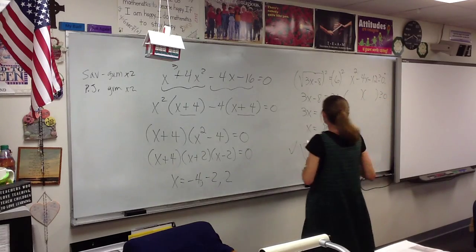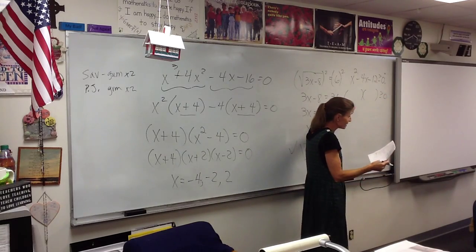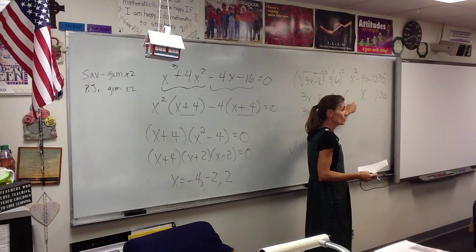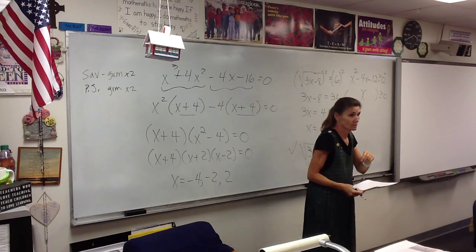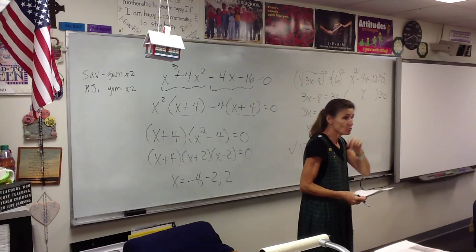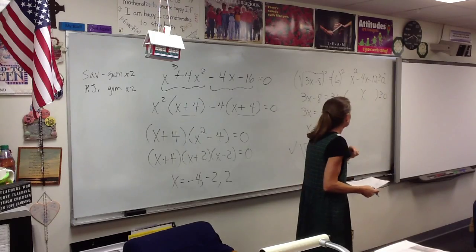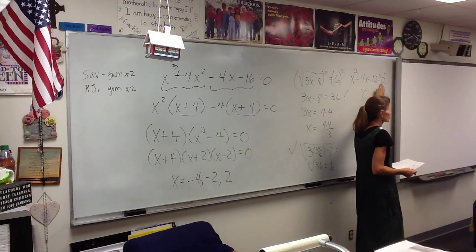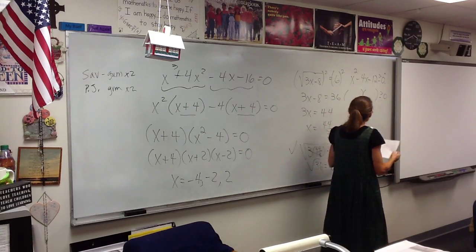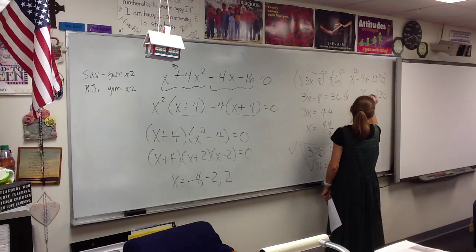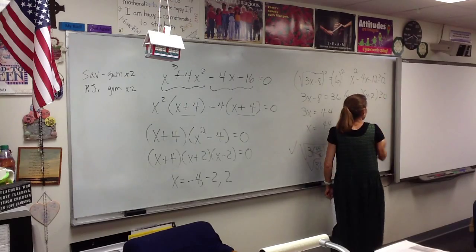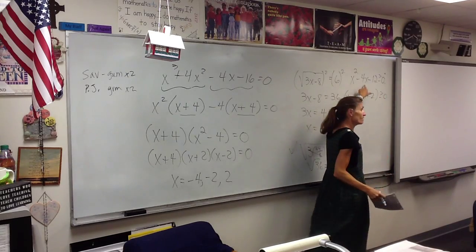Do you see the difference between that one and number 1C? 1C is an equals, so we could use the quadratic formula. This is not an equals, so we are going to factor. And how does that factor? Actually it'd be minus 6 plus 2, I think, to get the negative 4.